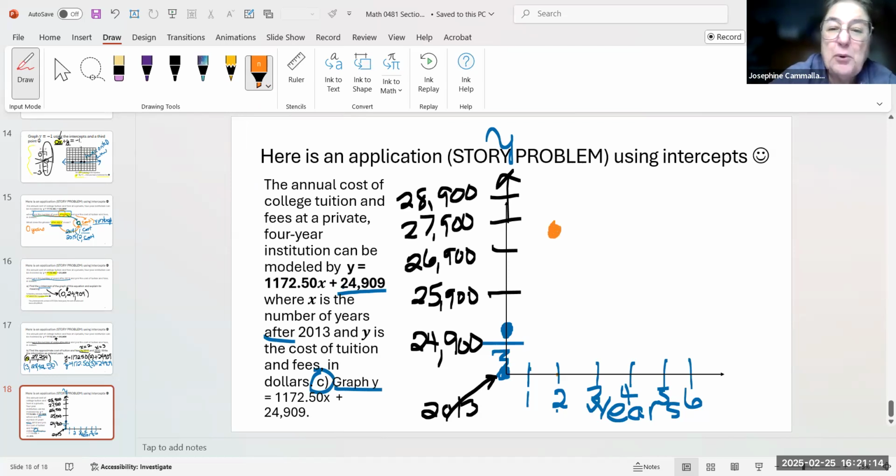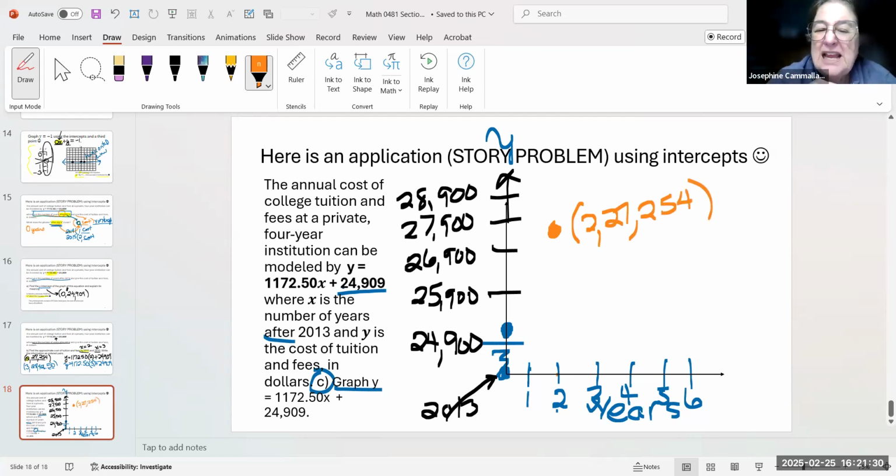So I'm going to put the number 2 and I'm writing 2, 27,254. That's the point I should be graphing.